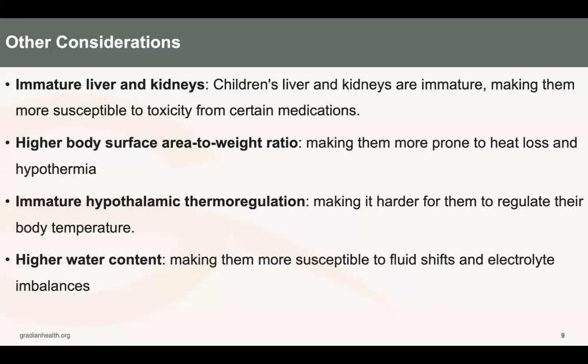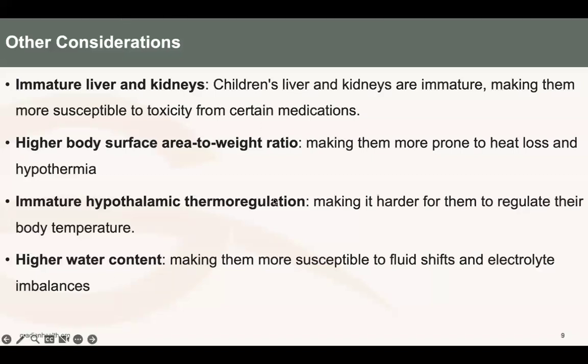Yeah. So children overall have got a higher body surface area to weight ratio. So compared to their body size, the surface area of the body is not as it is in adults. So the body surface area being higher means that the ability to lose heat is more.